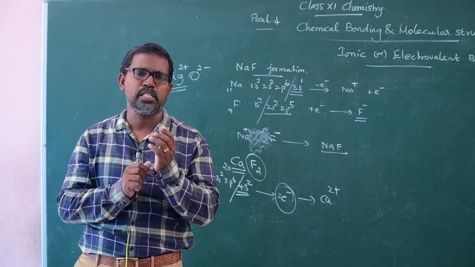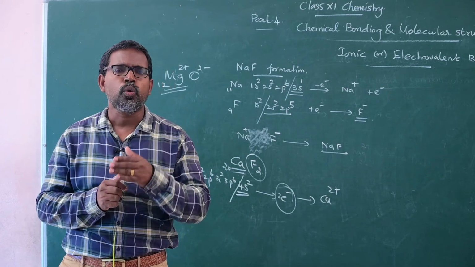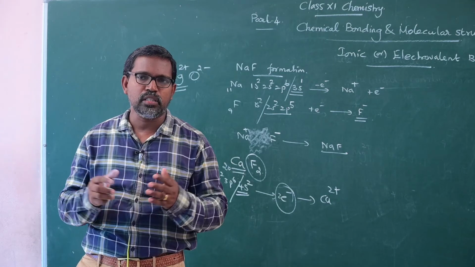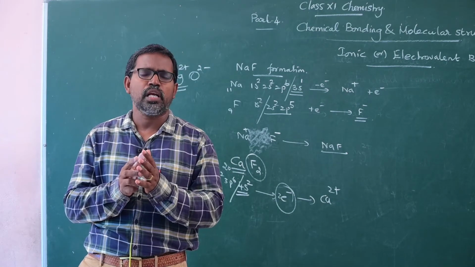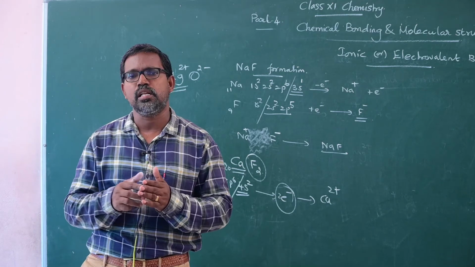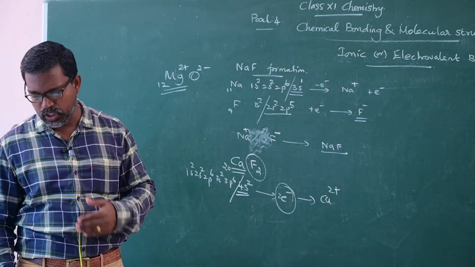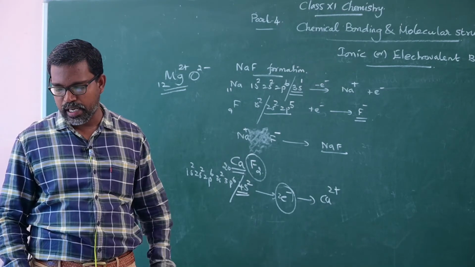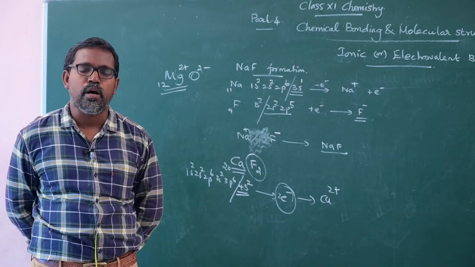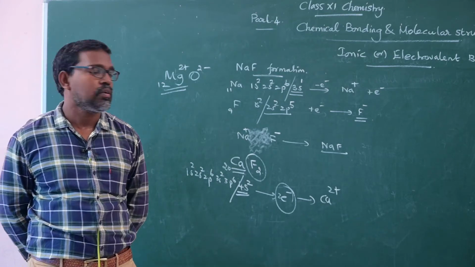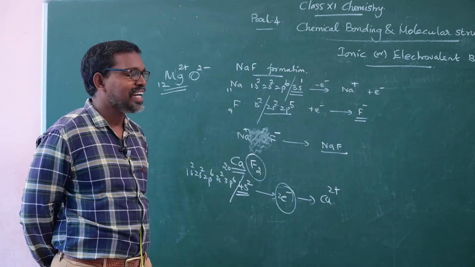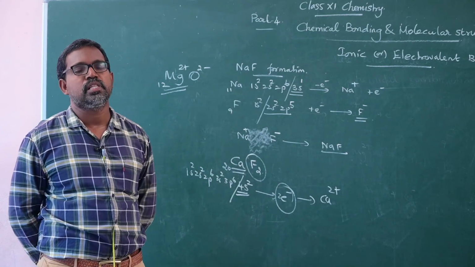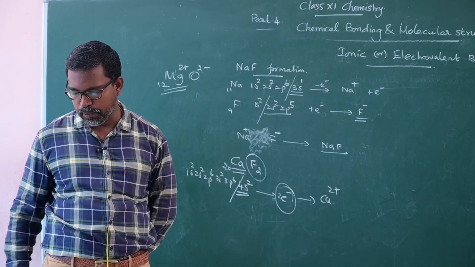Comparing fluorine and chlorine, chlorine shows higher electron gain enthalpy, so an enormous quantity of energy is released. The higher the negative value of electron gain enthalpy, the greater will be the formation of negatively charged ions. Once the negatively charged ion is formed, it combines with the positively charged ion to form an ionic bond.